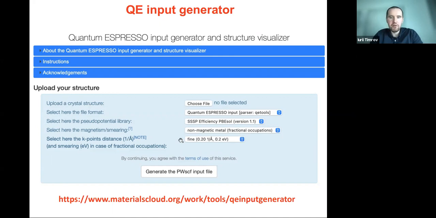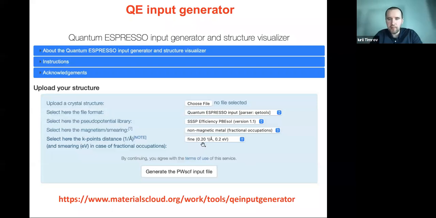And then you specify the density of the k-point grid. So it's not the grid directly like 2 by 2 by 2 or 4 by 4 by 4, but rather the distance between k-points in the reciprocal space, in the Brillouin zone.